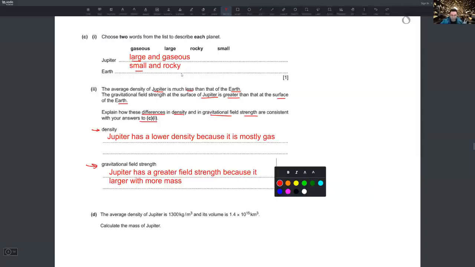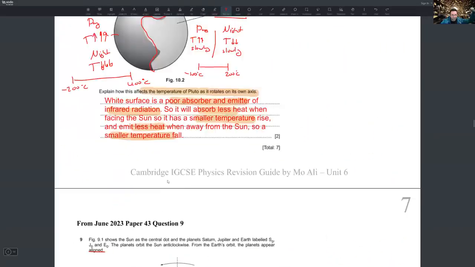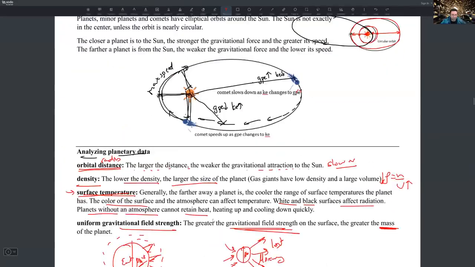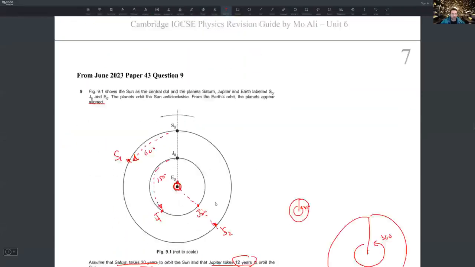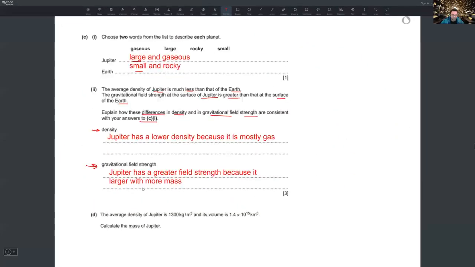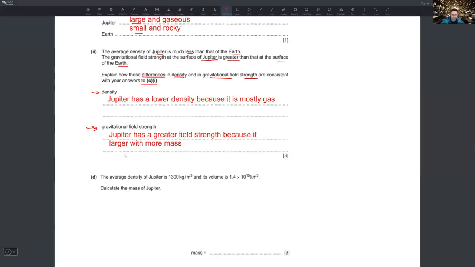So 2 points here. If you mention large, you take the thing I made you memorize, greater field strength, Mr. So if you remember back here, you said greater field strength means it has more mass. So 2 marks down here and 1 mark up here. Larger, 1 mark, more mass, second mark.